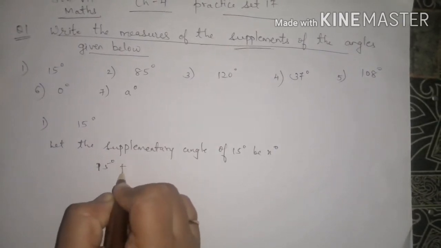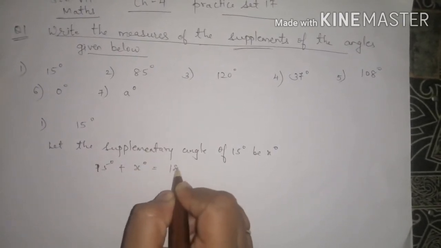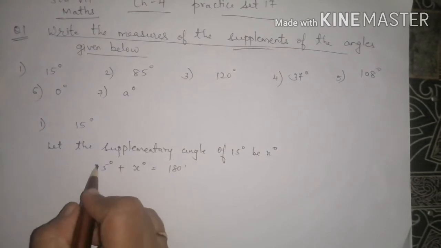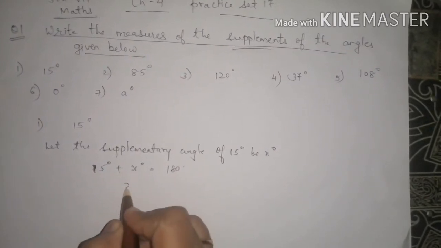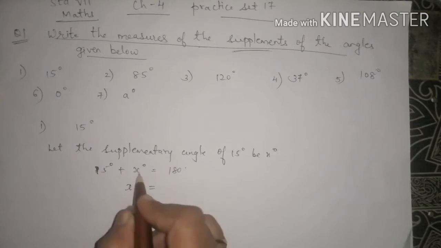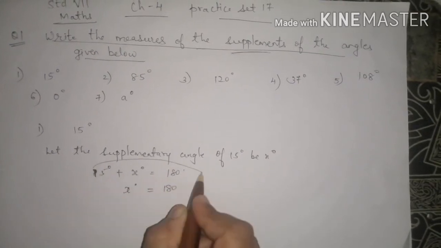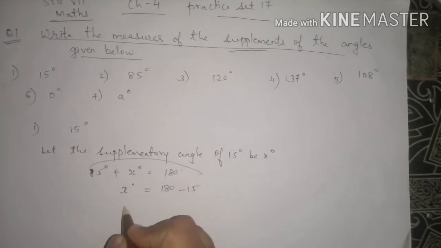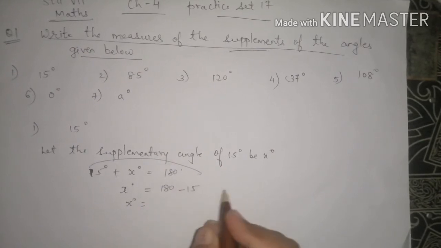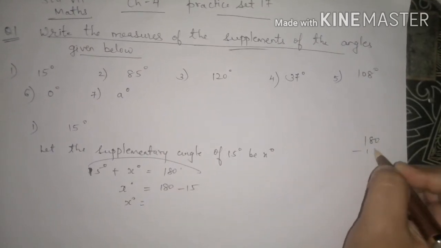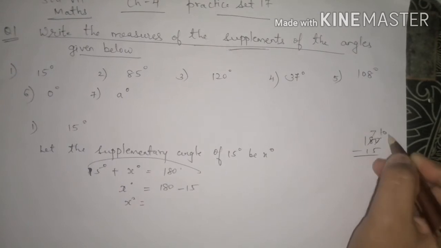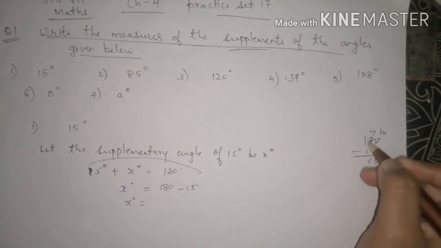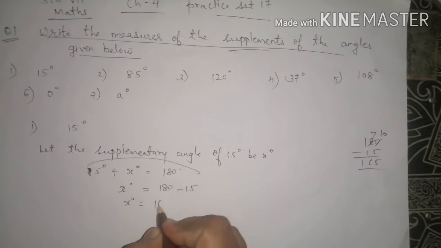So we'll add this: 15 plus x. Supplementary total is how much? 180 degrees. So 15 plus x is equal to 180, and x we have to find. So x equals 180 minus 15. If you do 180 minus 15, 10 minus 5 is 5, 7 minus 1 is 6, here 1, so 165 degrees.